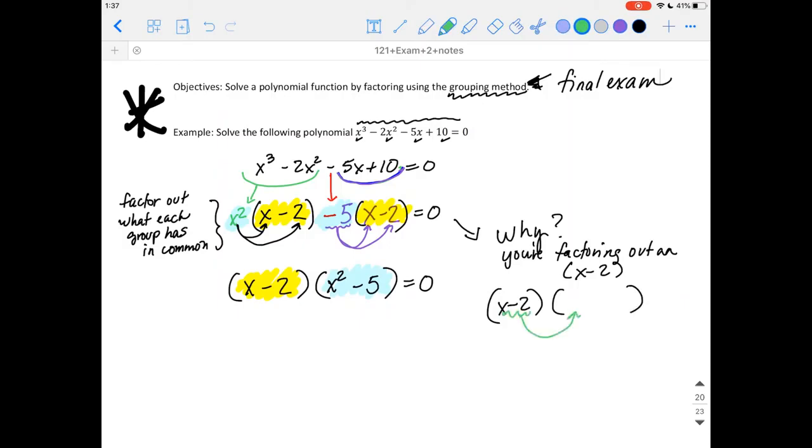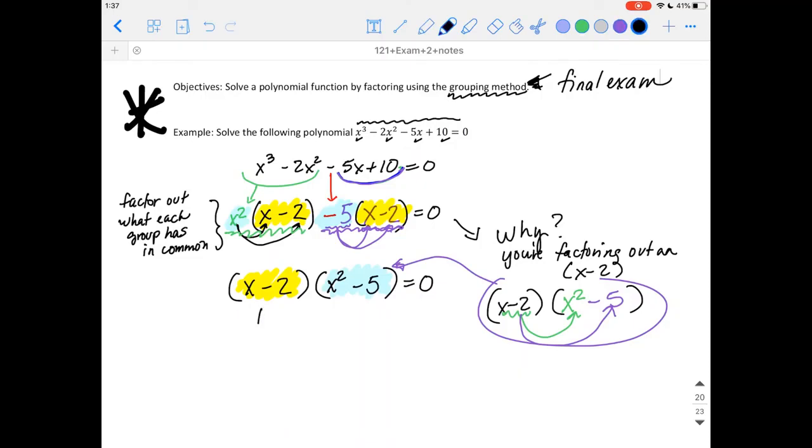X minus 2 times what gives me x minus 2 times x squared? Well, x squared. And then x minus 2 times what gives me x minus 2 times a minus 5? Well, a minus 5. And you get the exact same thing that you did right here. And then you set each factor equal to 0.